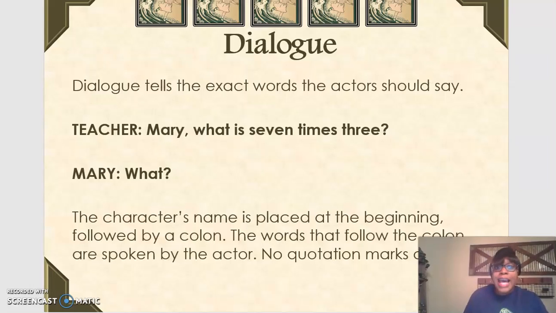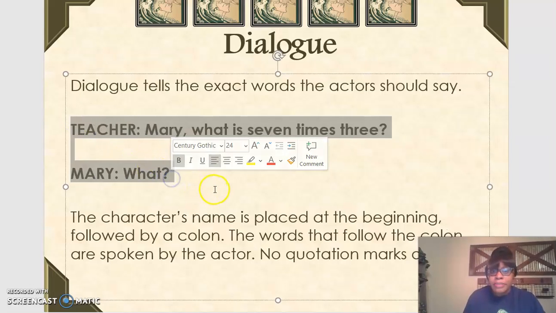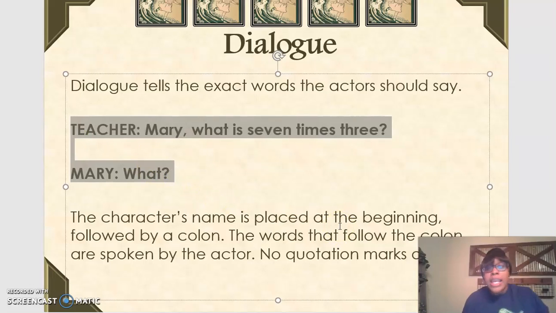Dialogue. Dialogue tells the exact words the actor should say. Let's look at the teacher and Mary. When you look at the teacher and Mary, the teacher says, "Mary, what is 7 times 3?" And Mary says, "What?"